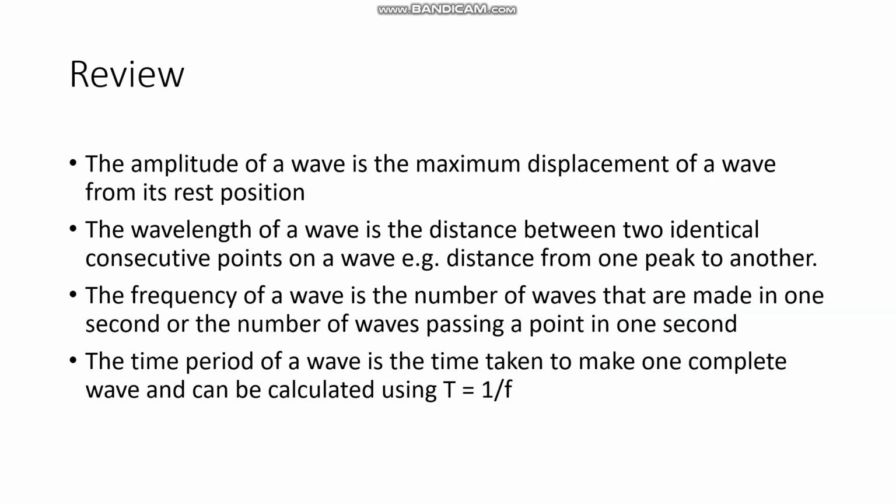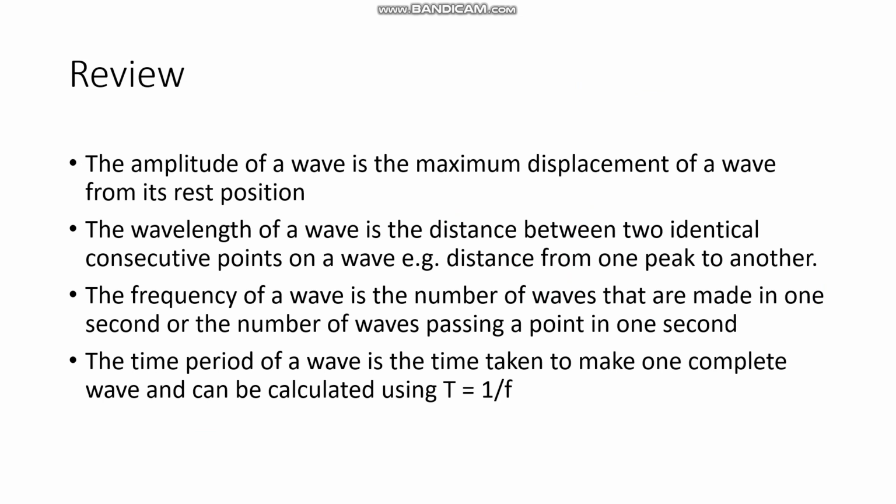Looking back at our objectives, you need to know what the amplitude of a wave is. The amplitude is the maximum displacement or distance that an object moves from its rest position. The wavelength of a wave is the distance between two identical consecutive points on a wave, e.g. the distance between one peak and another, or one trough and another.